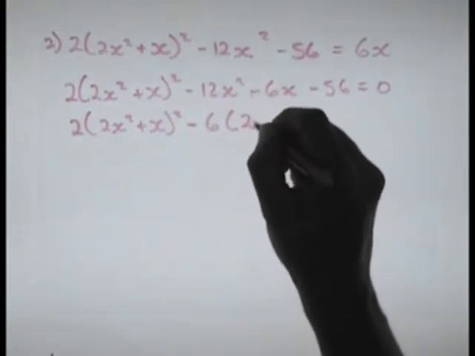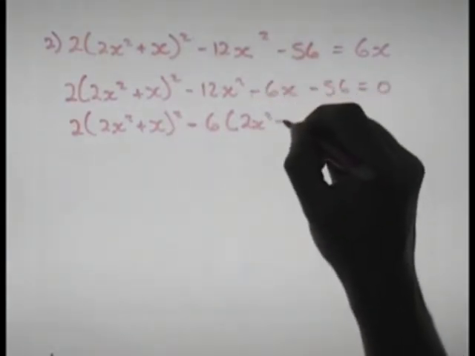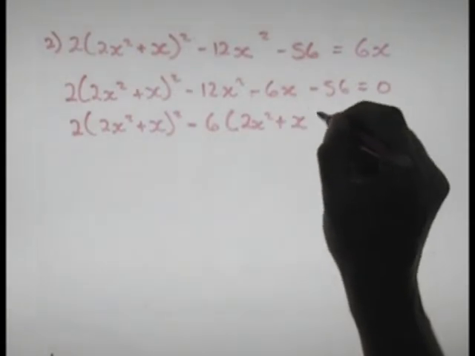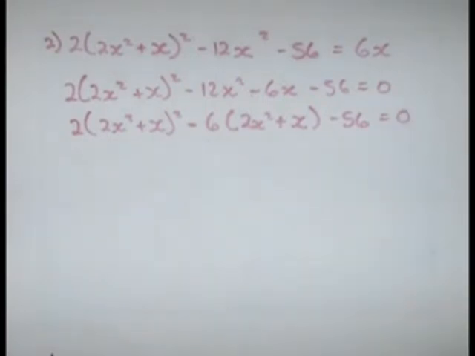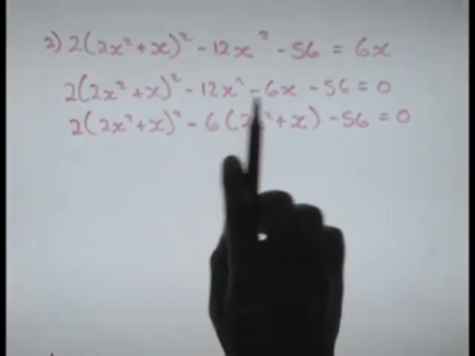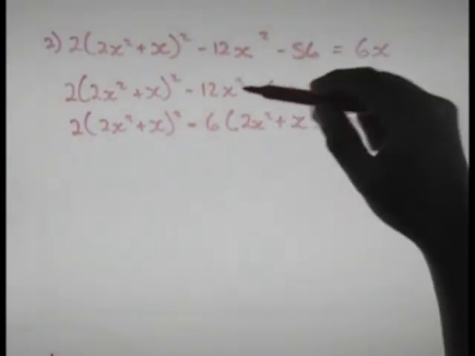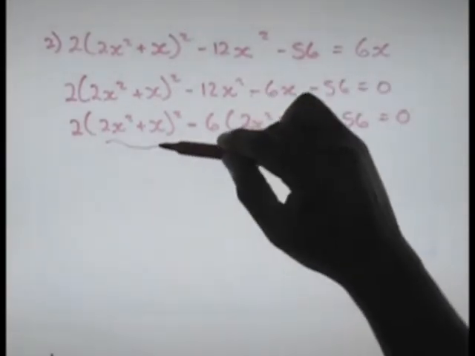Because that will make it 2x squared plus, remember I took out a negative, plus x minus 56 is equal to 0. Now I could have taken out a common factor of minus 6x, which would have been fine, but it would have led to a lengthier calculation. With this way here, all I've done is I've come to a common term.